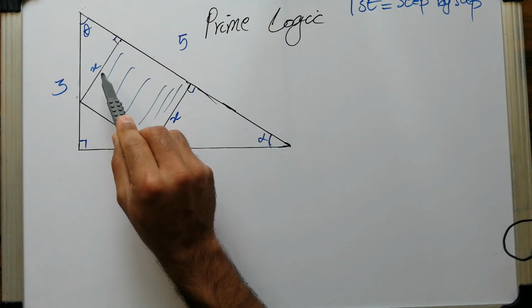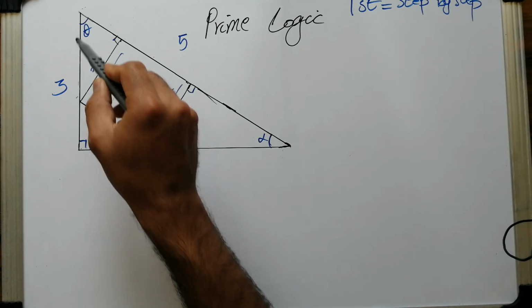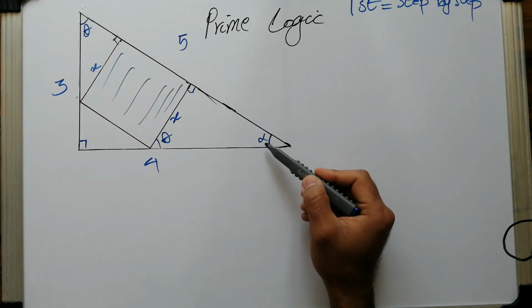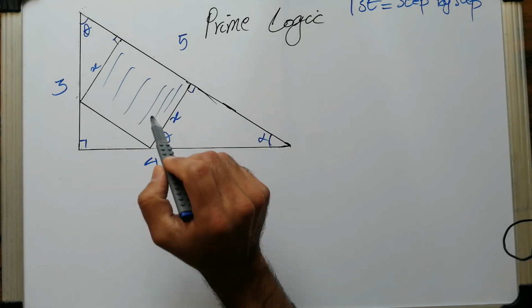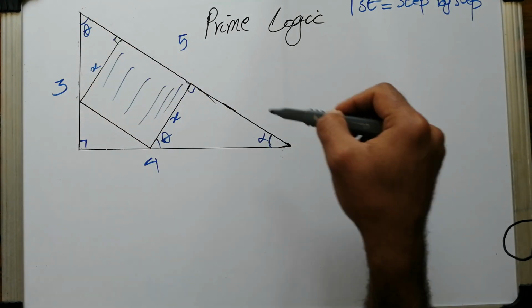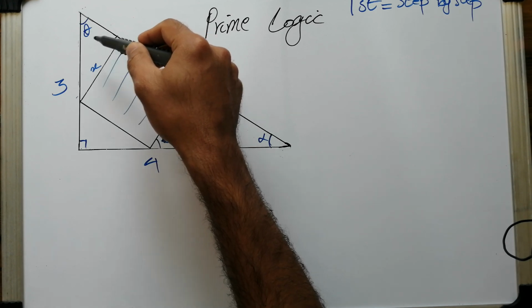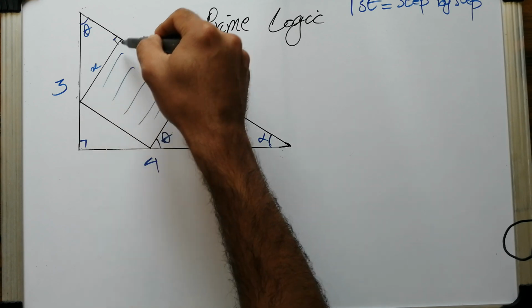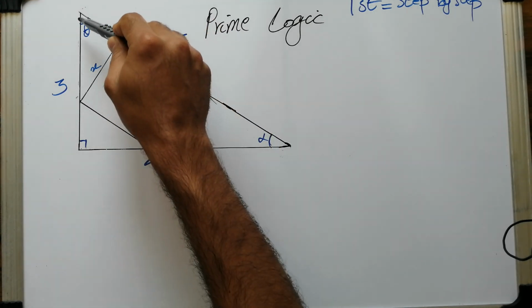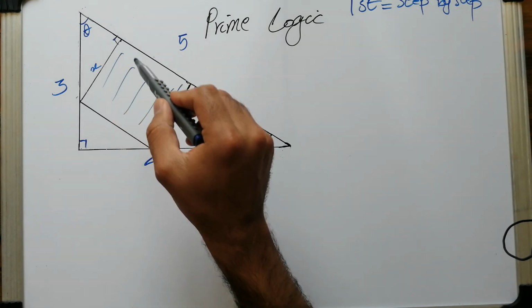So let's name the side of this square as x. Let's name this angle as theta and this angle as alpha. And these three triangles are similar. For example, in this bigger one, this is theta, and this is a right angle, 90 degrees. These two triangles, this bigger one and this smaller one, are similar because they both have theta, which is the shared one, and they have a right angle here, which is 90 degrees.